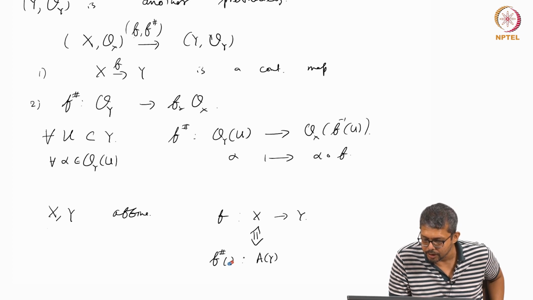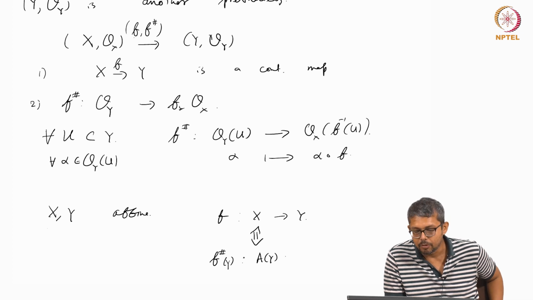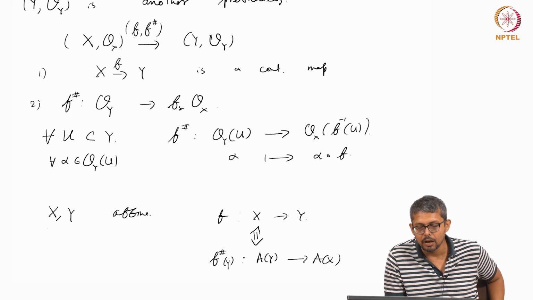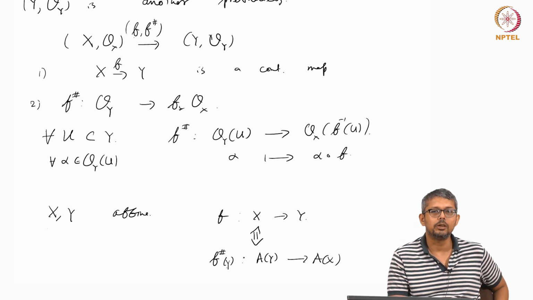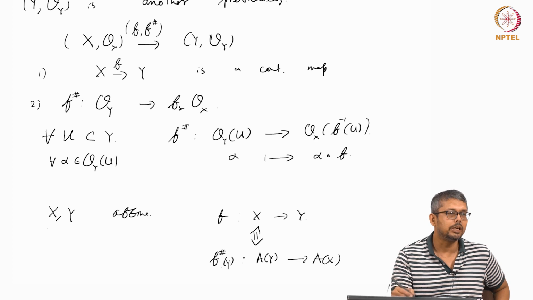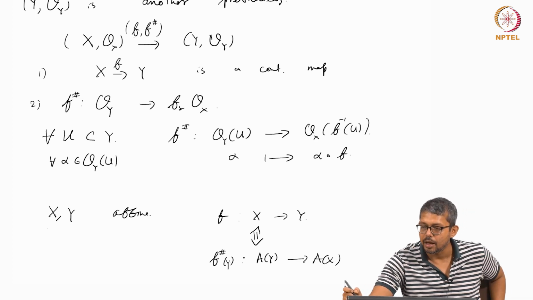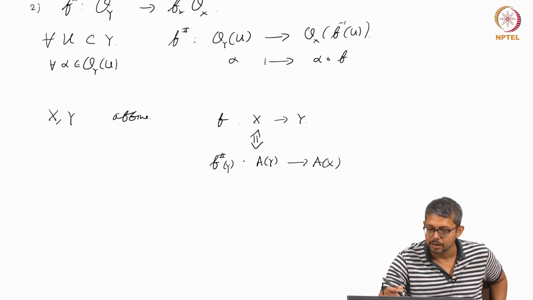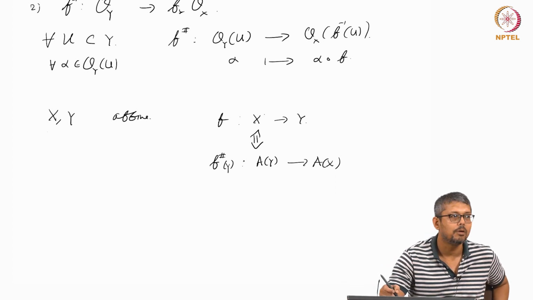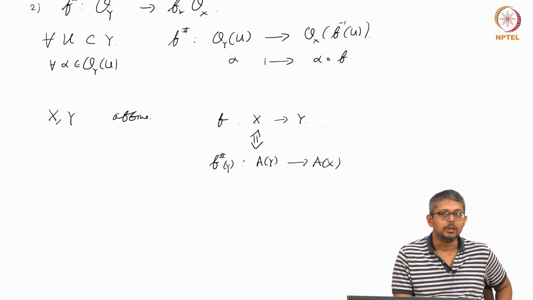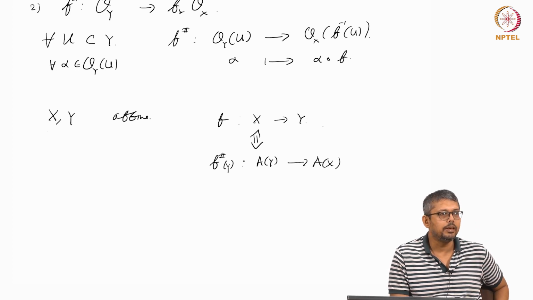So F hash of Y is a map from A_Y to A_X. You only have to check with this open set Y; you don't have to check for the other open sets. There is a one-to-one correspondence, and giving a map like this will induce a map from X to Y, and vice versa. So it was very concrete.